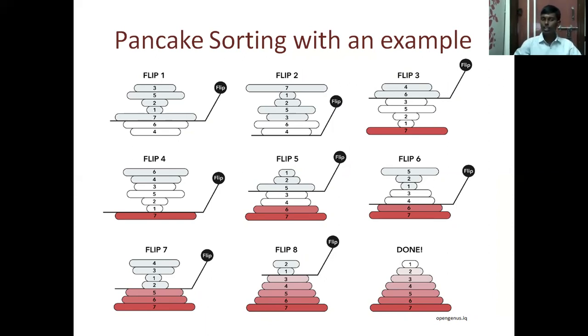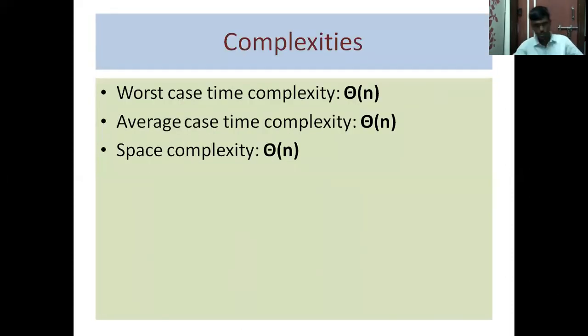Actually, to arrange an element in the required position, we require two flips. That is, flipping the element to the top position and again flipping the whole list. If the element is already present at the top position, then we will require only one flip. That is the best case, and two flips is the worst case. This is the complexity which I have shown.